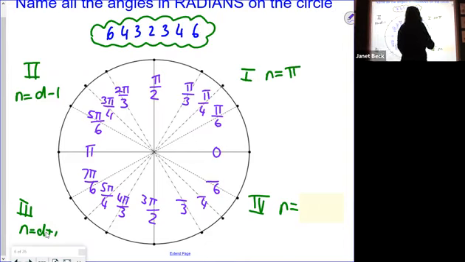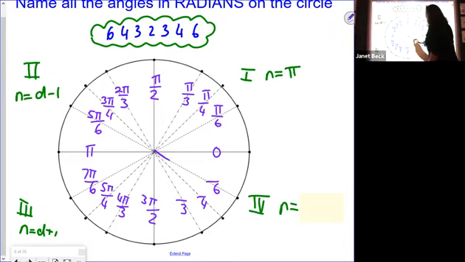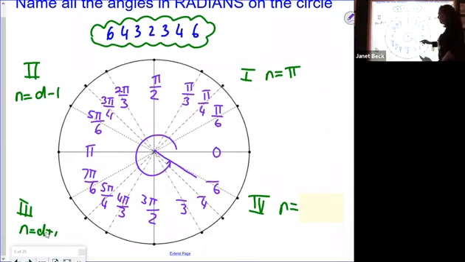And in quadrant 4, remember what you're actually doing here. This is the terminal ray of the angle, and that's the angle in standard position. Each of these lines is a terminal ray, and you're naming the angle that takes you to that terminal ray. Each of these are less than a full rotation, and the whole way around the circle is 2 pi.